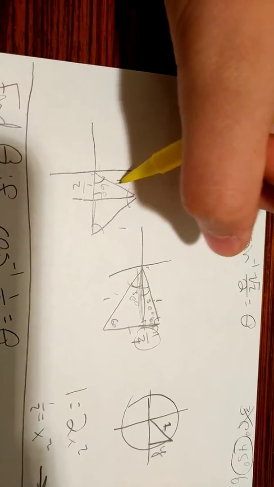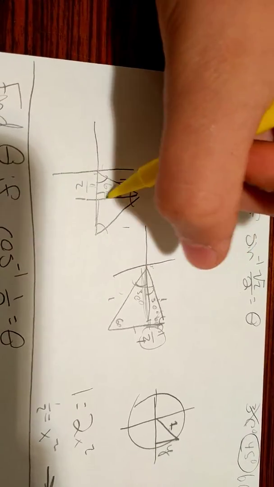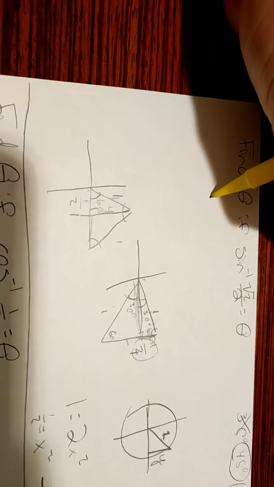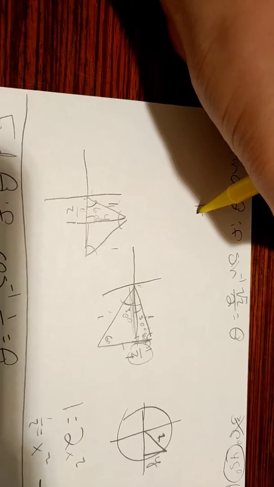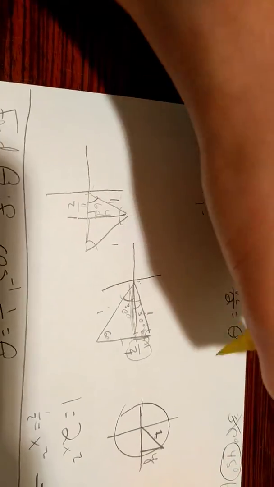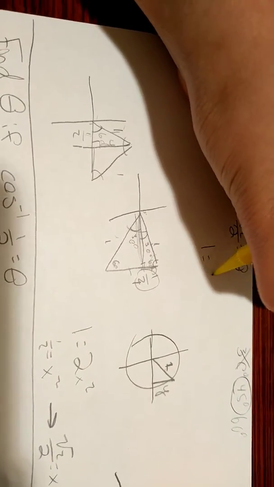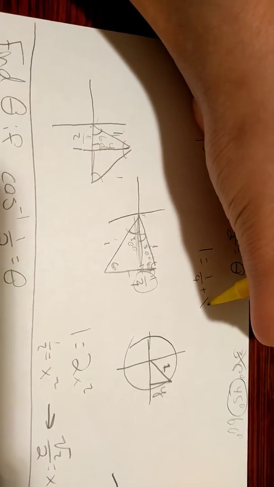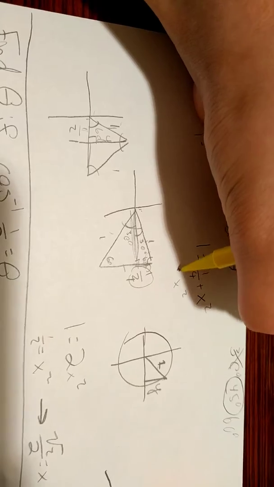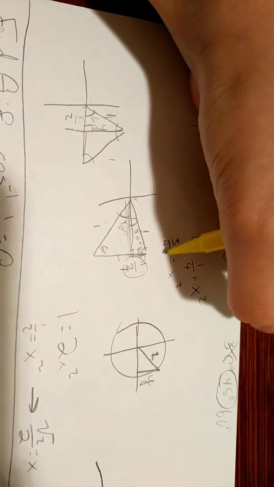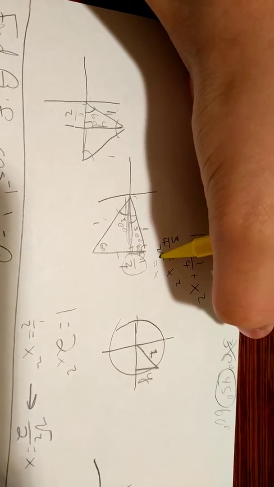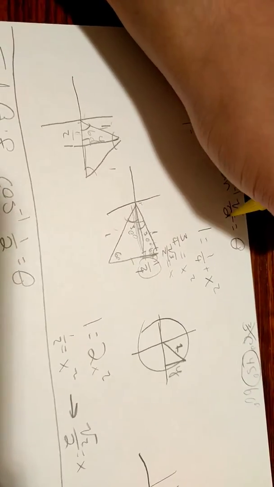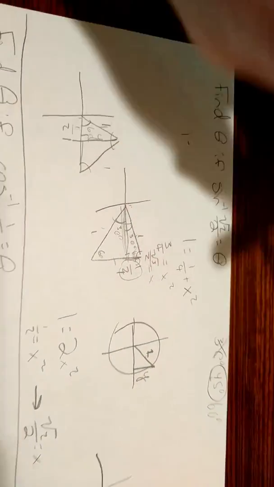Now we have this triangle over here, 1, 1/2, and some y value. So I'll just use the Pythagorean theorem. 1 is going to be equal to 1/2 squared, which is 1/4, plus x squared. That means x squared is going to be equal to 3/4. So x is going to be square root of 3 over 2, which is not what we have over here. So the answer is 45 degrees.